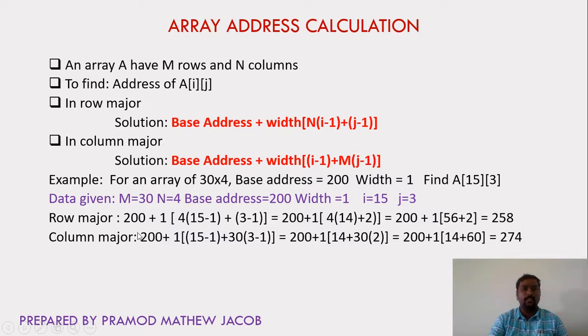In column major, we have to use the equation base address plus width into (i minus 1) plus number of rows into (j minus 1). That means 200 plus 1 into (15 minus 1) plus number of rows, which is 30, into (j minus 1), that is 3 minus 1, which is equal to 200 plus 1 into 14 plus 60, which is equal to 200 plus 74, which is equal to 274.